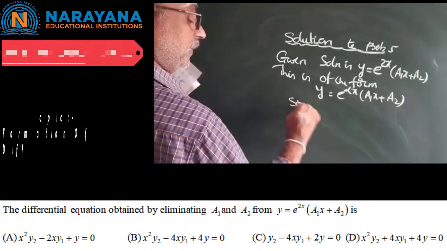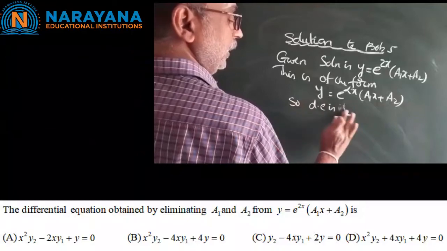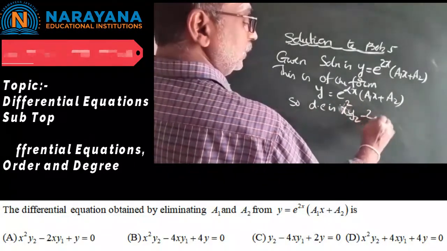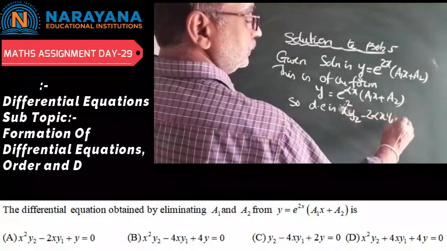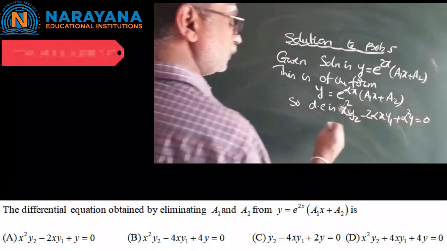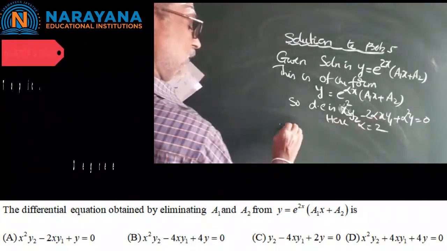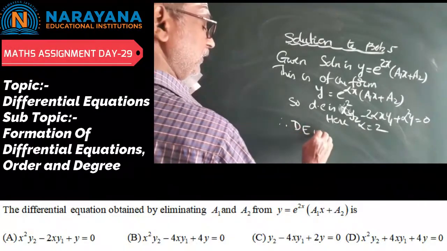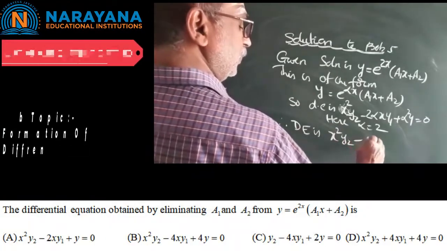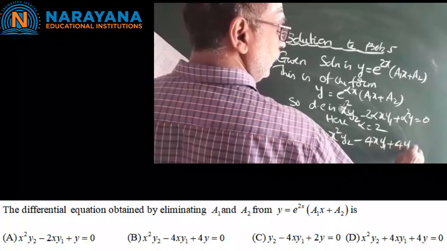So differential equation is x square y2 minus 2 alpha xy1 plus alpha square y equal to 0. Here alpha equal to 2. Therefore DE is x square y2 minus 4xy1 plus 4y equal to 0.